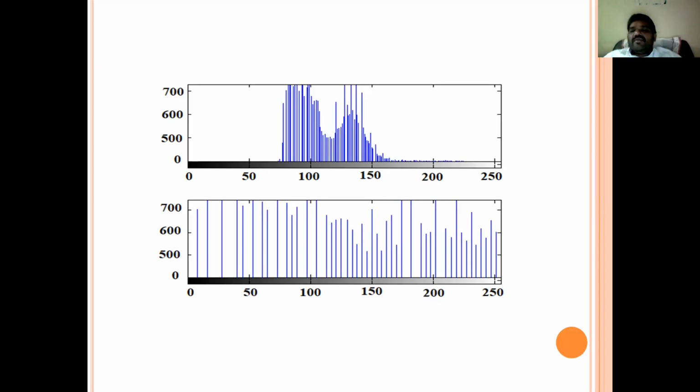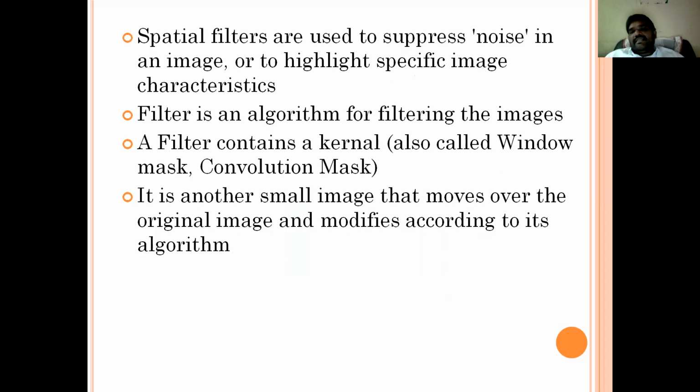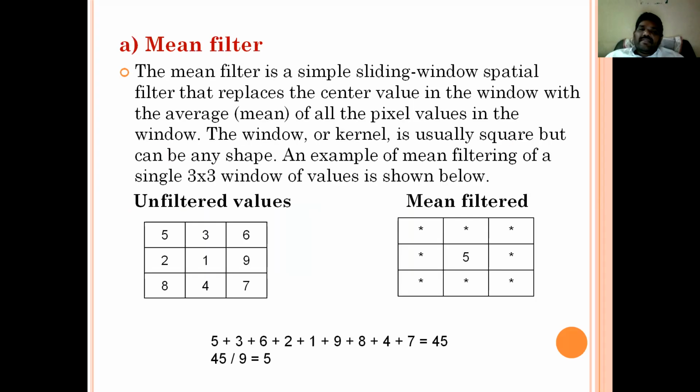And here you understood how you can remove or how you can highlight or suppress the features of the image. In spatial filtering there are two types, again low pass filters and high pass filters. Low pass filters means mean filters and median filters. Mean filters means you are taking the average; median filters means you are arranging in incremental order.